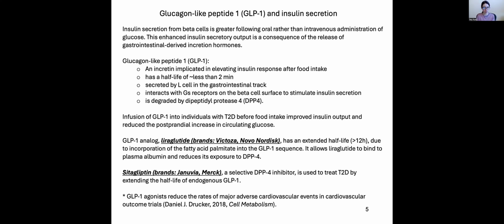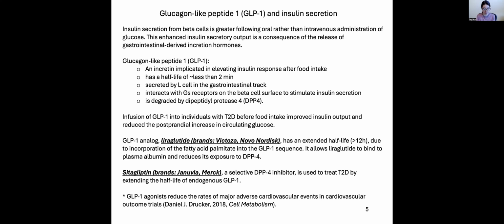So another drug is called sitagliptin, and it's made by Merck under the brand name of Januvia. It is a selective DPP4 inhibitor to prolong the half-life of endogenous GLP-1. So as I mentioned, since GLP-1 can be degraded by DPP4, if we inhibit DPP4, then we can extend the half-life of the GLP-1 that's made in our body.